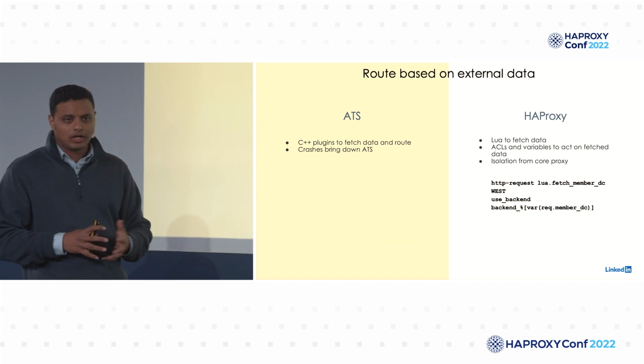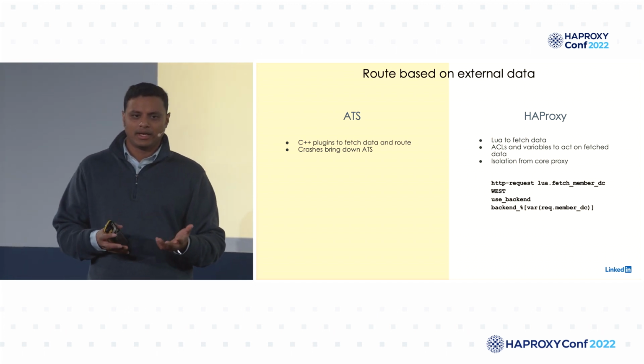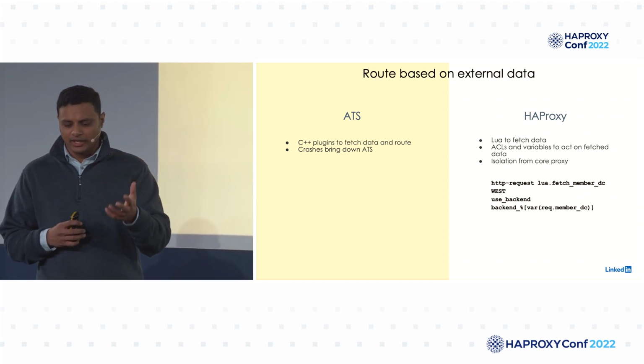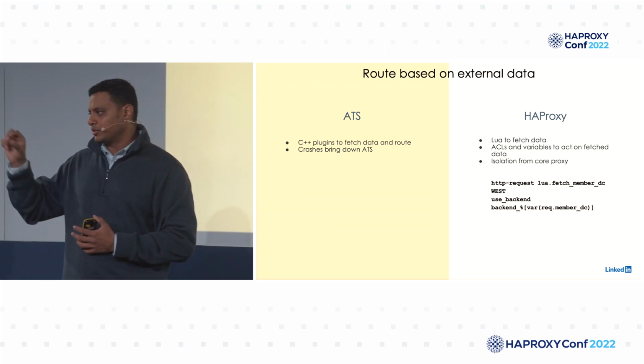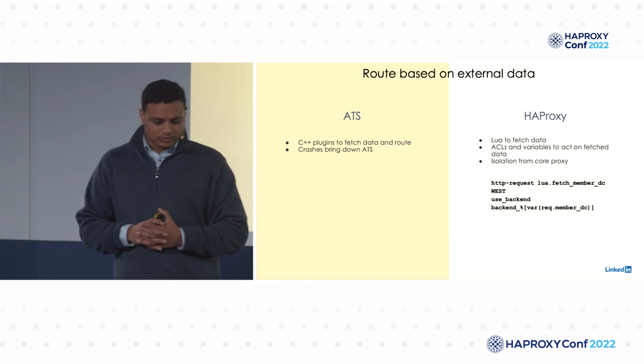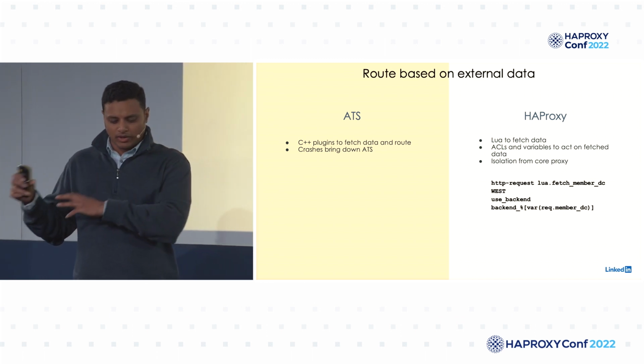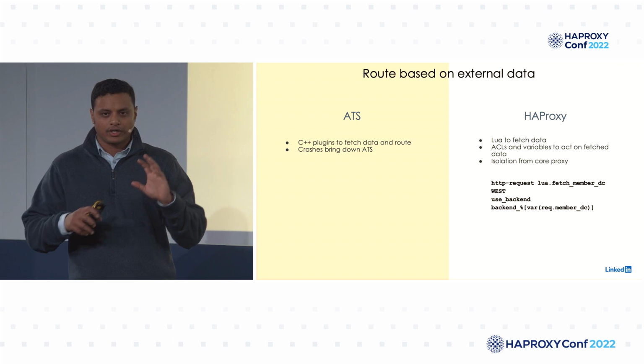We have a feature called member sticky routing. What we want to do is to achieve read after write consistency for a member, so we want to consistently route the member to the same data center. The way we do it is we do some offline analysis to figure out which is the best data center to route a member to. One of the criteria is the location.